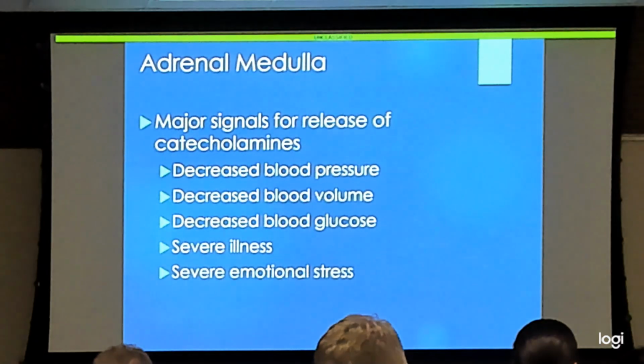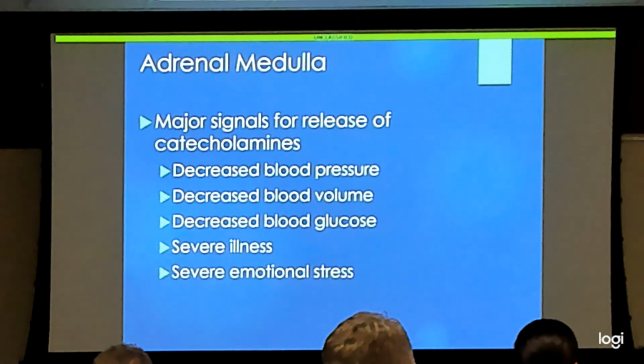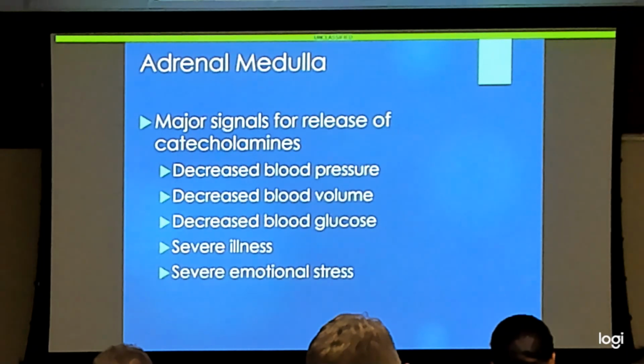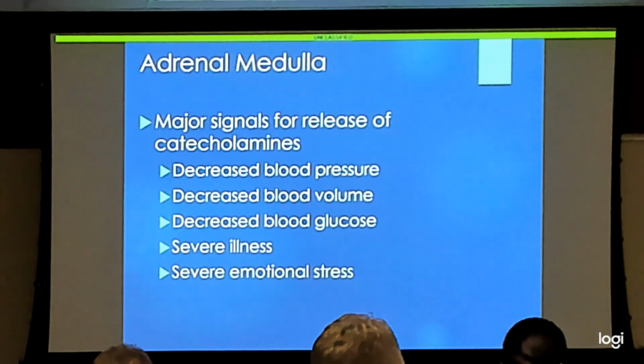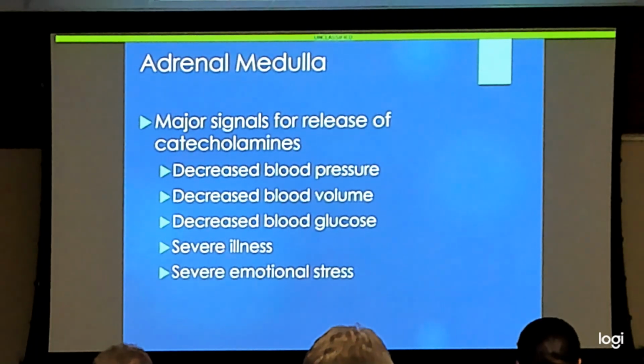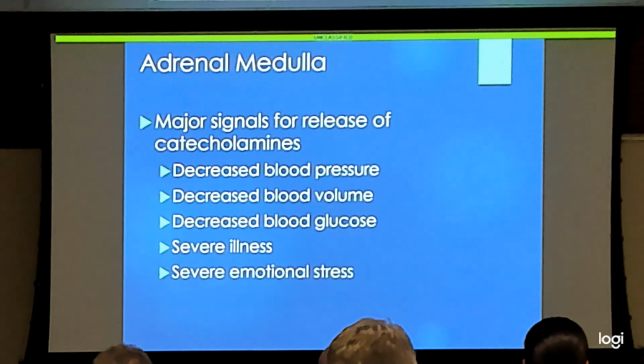Slow. All right. So these are some of the major signals that are supposed to trigger the catecholamine effect. So the catecholamines means epi and norepi. You guys know this already, but you know what catecholamines are. So decreased blood pressure, decreased blood volume, decreased blood glucose. Any one of those things should bump up your catecholamine response, hopefully with short term. So again, if I'm bleeding all over the floor, chop my leg off, poor guy.